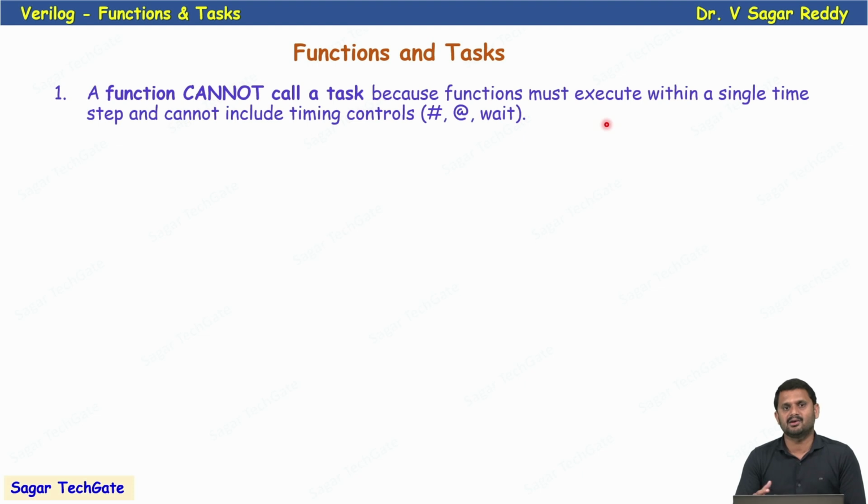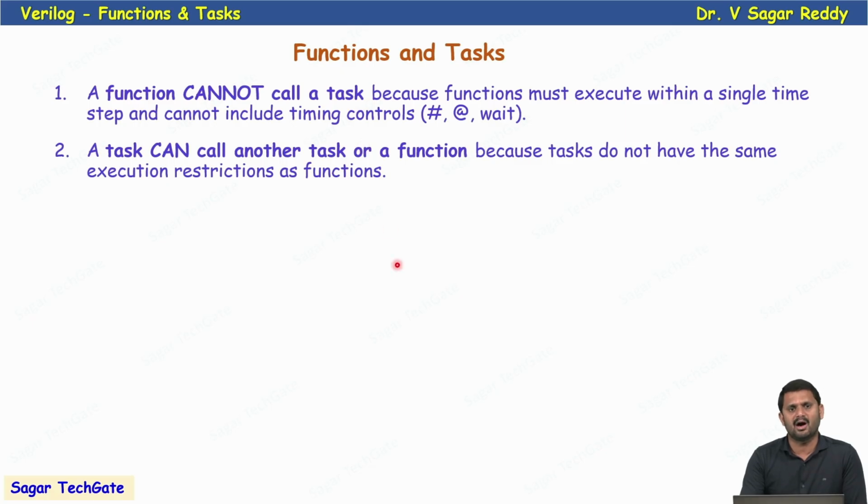So a function cannot call a task because a task may contain timing related constructs, like hash, at the rate, or wait statements. Timing related controls it may contain. So we cannot call a task, because a function must execute within the same time step and cannot include a timing control.